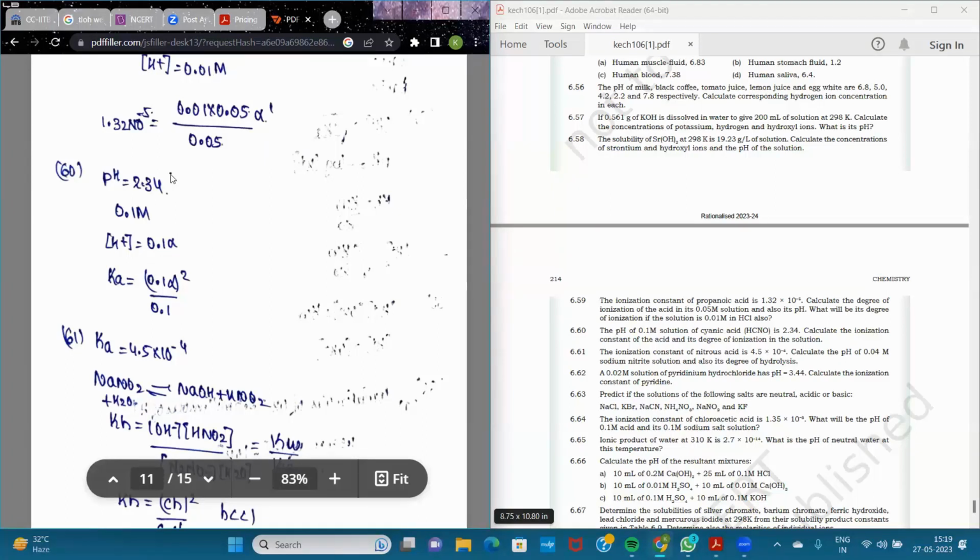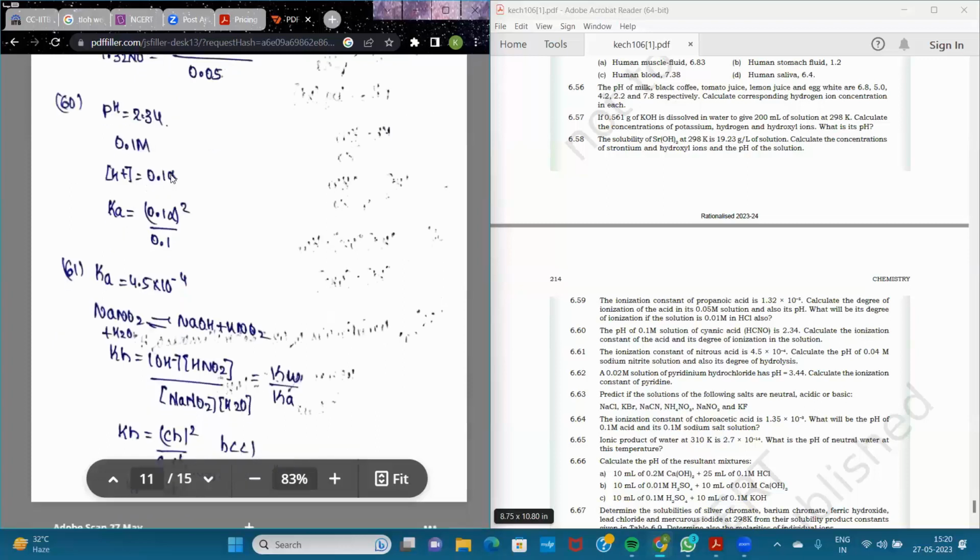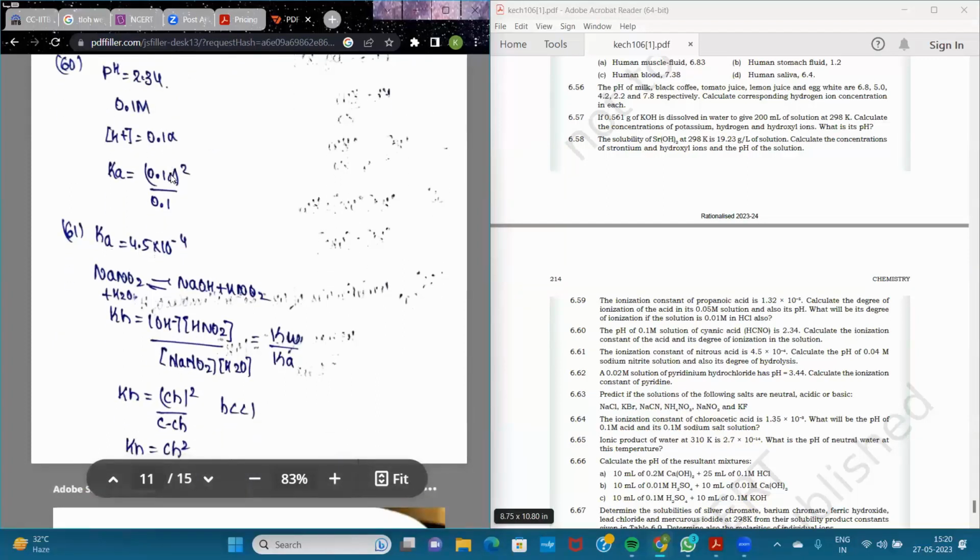Calculate Ka value and its degree of ionization. From pH and C given, we can calculate degree of ionization, as well as Ka is C alpha square. If we substitute those values, we can get Ka as well.